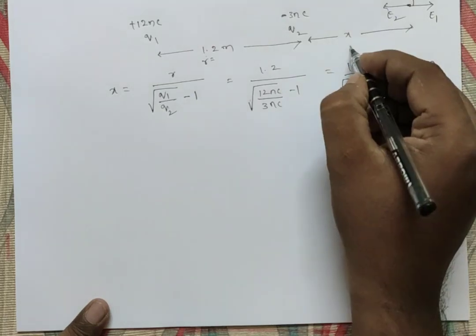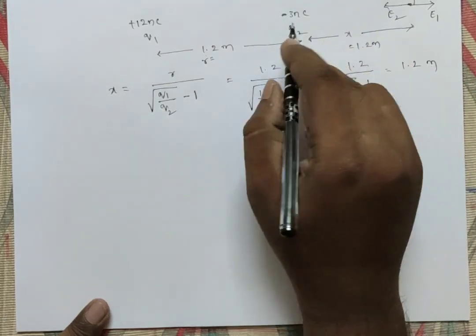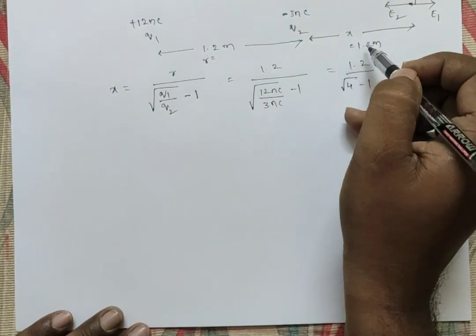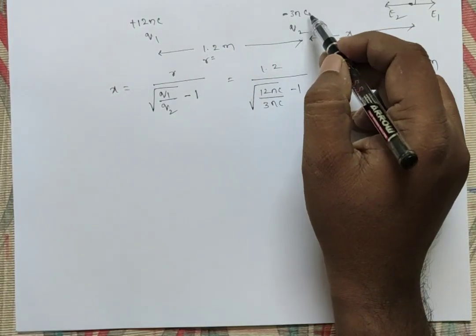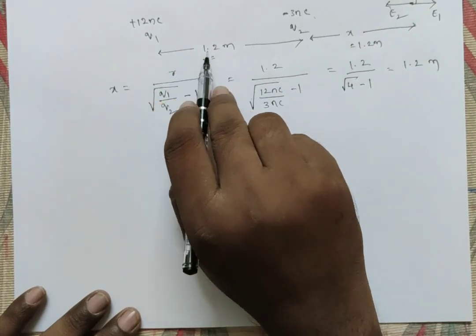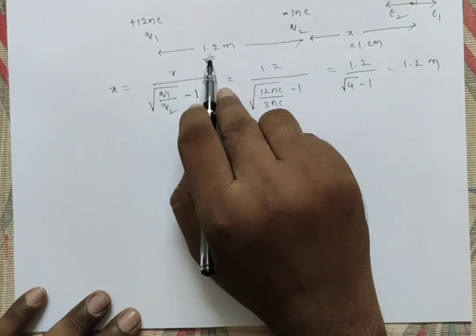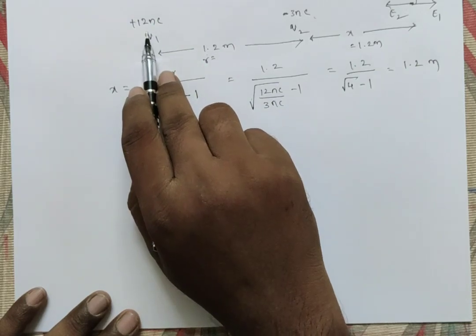Means that is 1.2 meters from where? From minus 3 nanocoulomb. So 1.2 meters from minus 3 nanocoulomb, and it is 2.4 meters, because 1.2 plus 1.2 means 2.4, from 12 nanocoulomb.